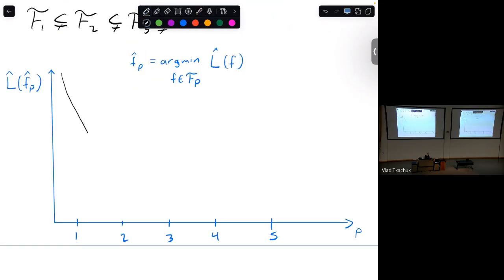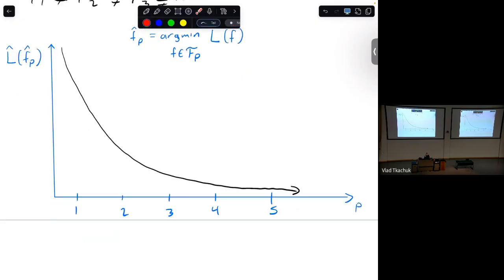So it's going to look like this. Okay, so that's the plot to keep in mind. And eventually you can get to 0 if you pick a high enough polynomial, you can fit the data perfectly. Okay, cool.